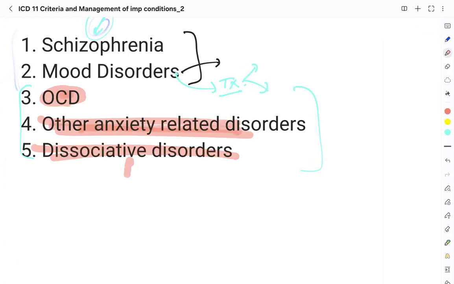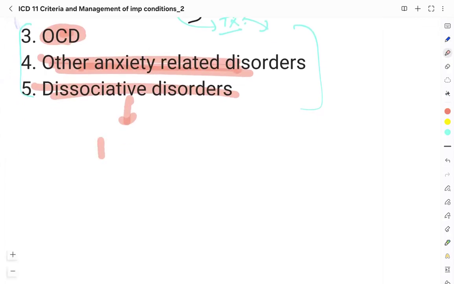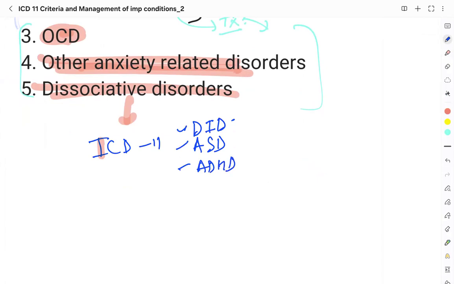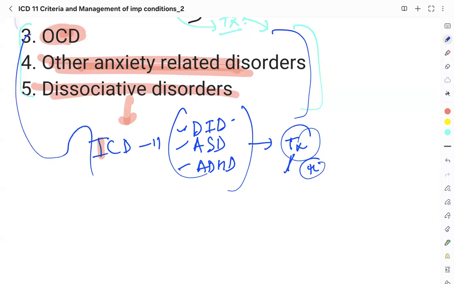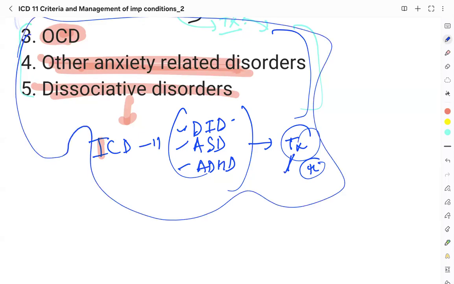And if time permits, we will also discuss the ICD-11 criteria of autism spectrum disorder, disorders of intellectual disability, and ADHD. The treatment algorithm of these will require a lot of dedication and time, so I may not discuss the treatment algorithm in the next session, because our next session is going to be a little bit larger than this one anyways. So we'll discuss this.